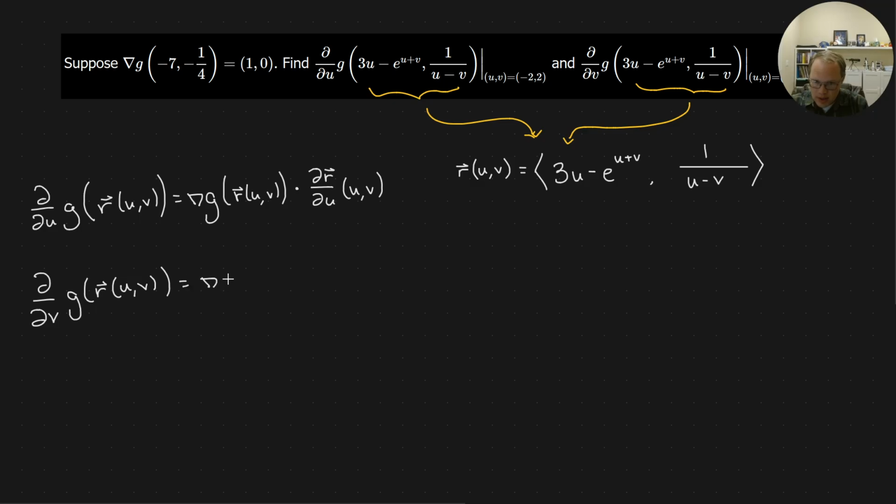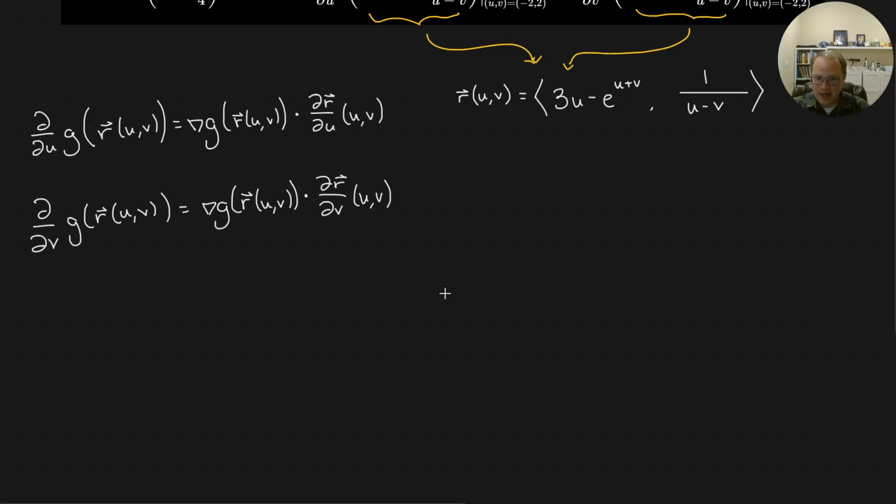We're going to take the gradient of g and take the dot product of that with the partial derivative of r with respect to v. Now for both of these, we're going to need the gradient of g, and we're going to need the partial derivative of r with respect to u and with respect to v. So let's see what we could do about those.